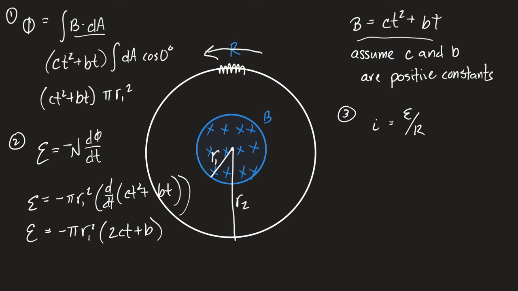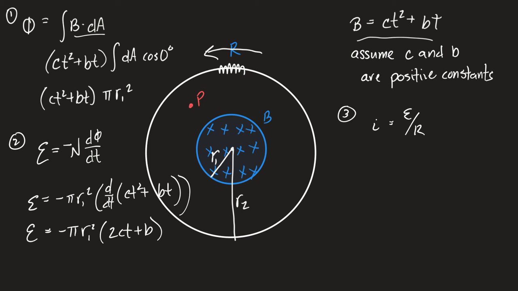Now, this might not be clear to you, but the reason why it's going counterclockwise is because of the magnetic field that this current produces. I'm not going to use the word want.